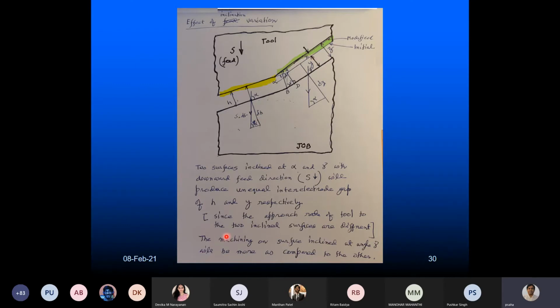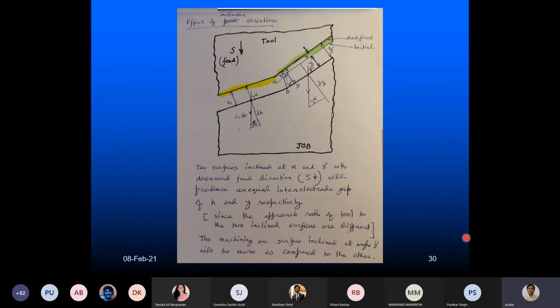Now the machining on the surface inclined at gamma will be more as compared to the other, because whichever will approach first, if you recall the MRR equations, it is proportional to some constant divided by the inter-electrode gap HE.